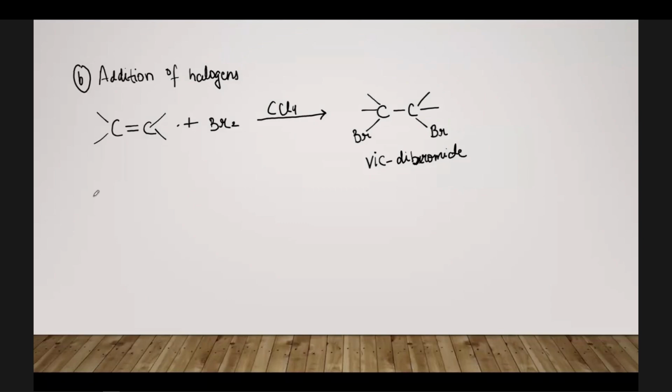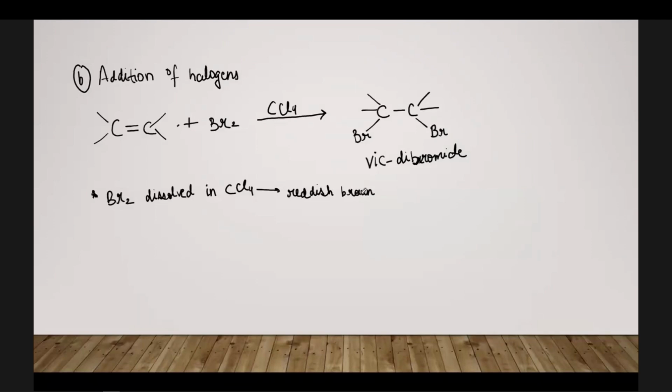So what we do is bromine dissolved in CCl4. तो ये जो solution बनता है ना, this is reddish brown in color. ठीक है, and when it is reacted with the alkene, जो हमारा product है that is vicinal dibromide, इसका जो color होता है that is colorless.